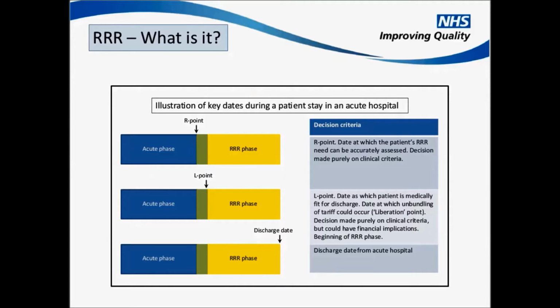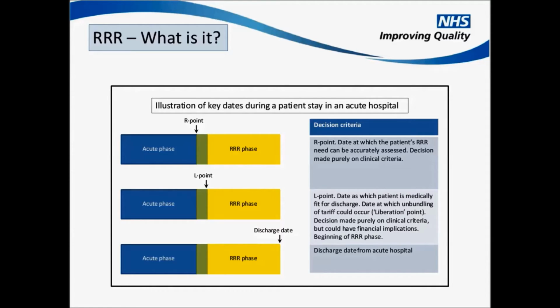And the program came up with two particular key points in that pathway, one called the R point and one called the L point. The R point is the point at which the patient's RRR needs can be accurately assessed. And the L point is the actual date where a patient is medically fit for discharge. It was termed the L point because it's sometimes referred to as a liberation point.